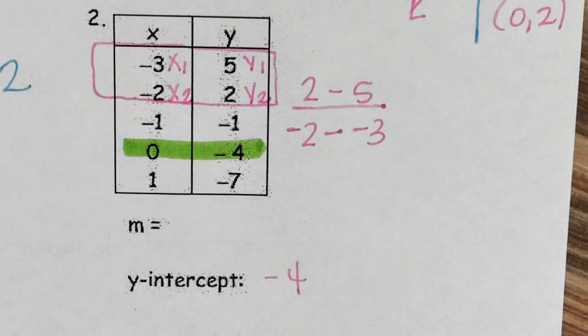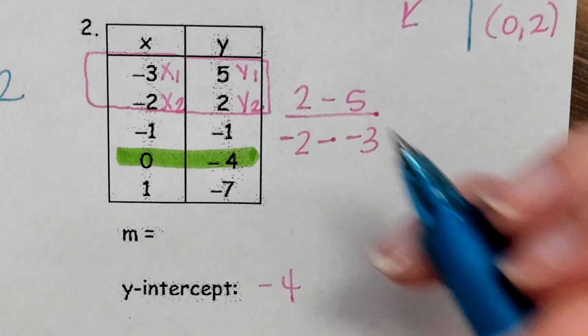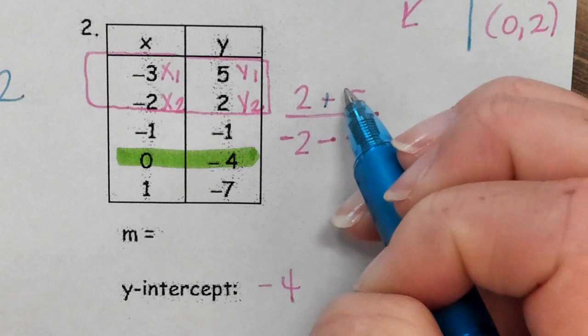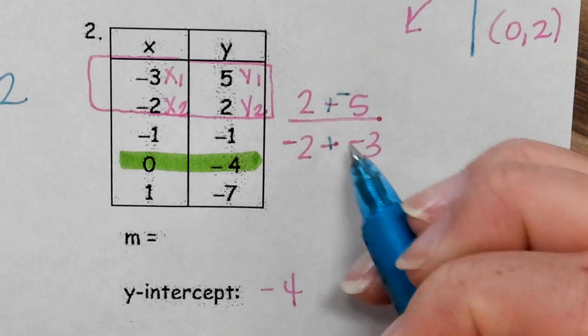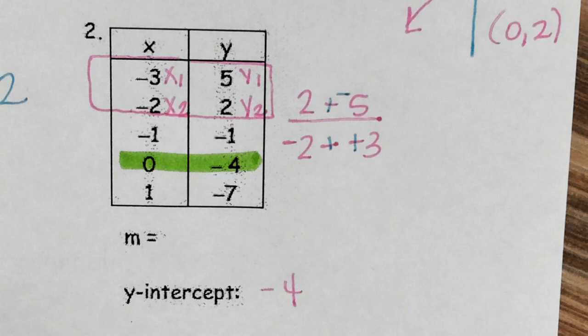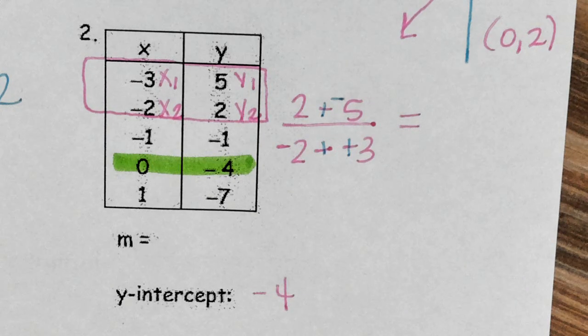Now, do you think I need to use my integer rules? Yes. So I am going to keep, change here, and I'm also going to keep, change here. When I'm adding two signs that are different, what does the rule say? Subtract and keep the sign of the heavier one.